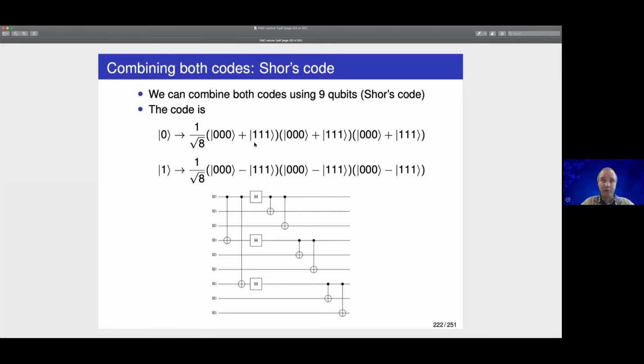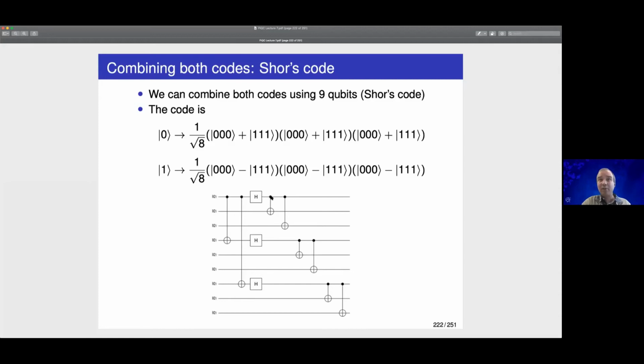quantum error correcting codes. So what we do basically here is to first use one of the codes, and then with the physical qubits that we are using, the 3 physical qubits that we are using to implement our code, we use the other code. Here you see that this first part is exactly the encoding that we use to protect against phase inversion.